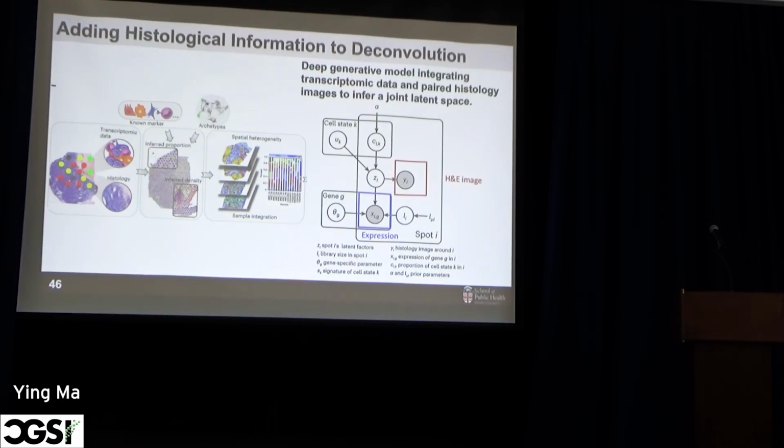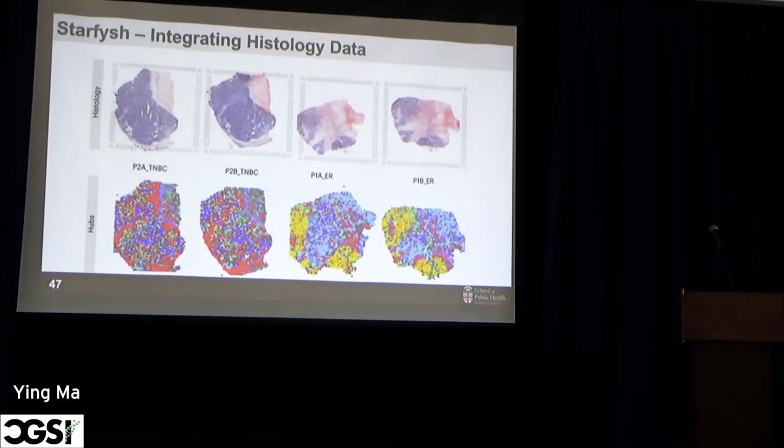Then, given the same latent factor, they can generate the H&E images, represented by the morphology information. At the same time, given this latent factor, they also generate the gene expression information. So through this deep generative model, they integrate the image information and gene expression to learn a joint latent space. So these are the results from their paper.